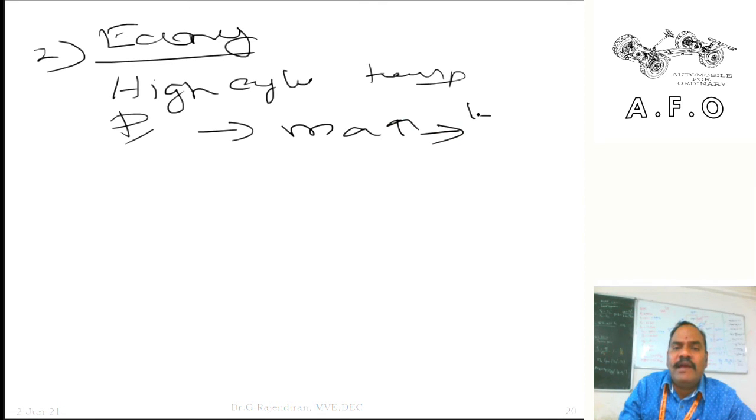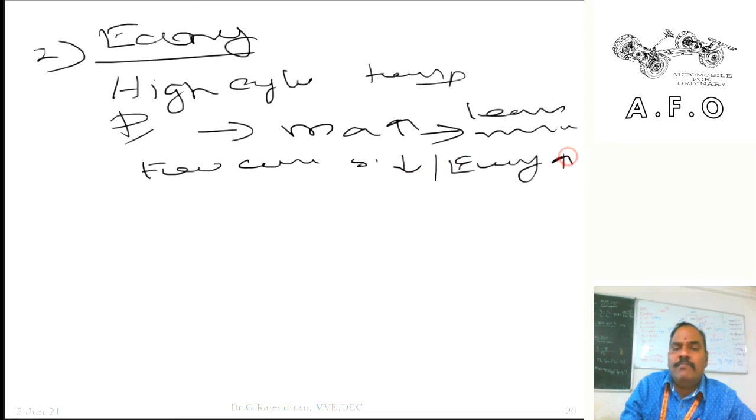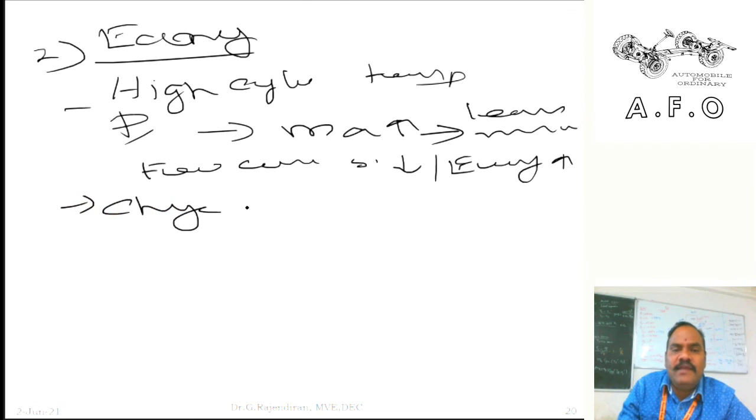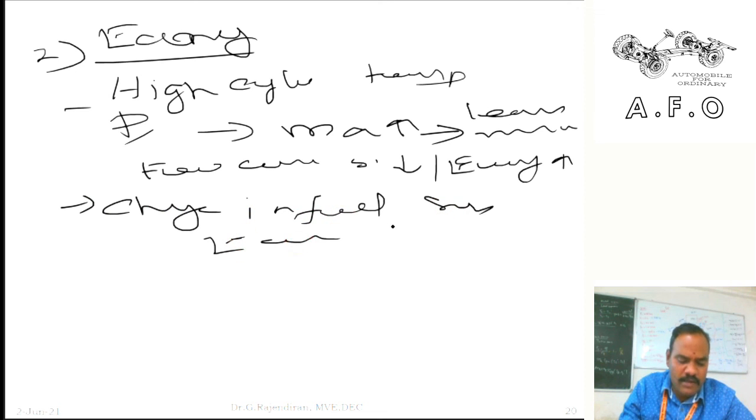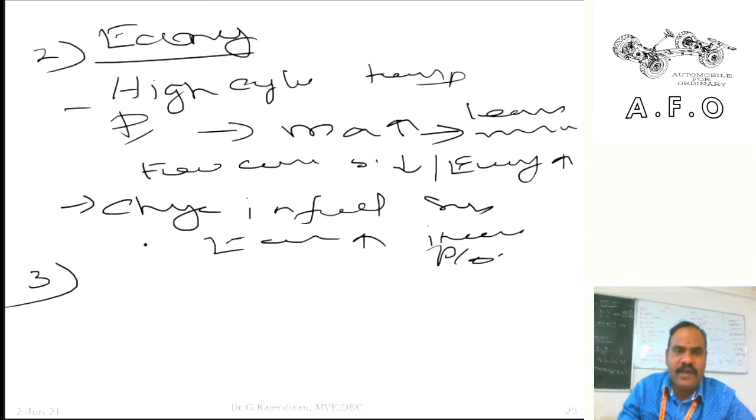We can admit a lean mixture, so fuel consumption is reduced, so economy is improved. First point. Second, we can change the fuel system, so again economy can be increased by increasing the power output. And this is in terms of economy.